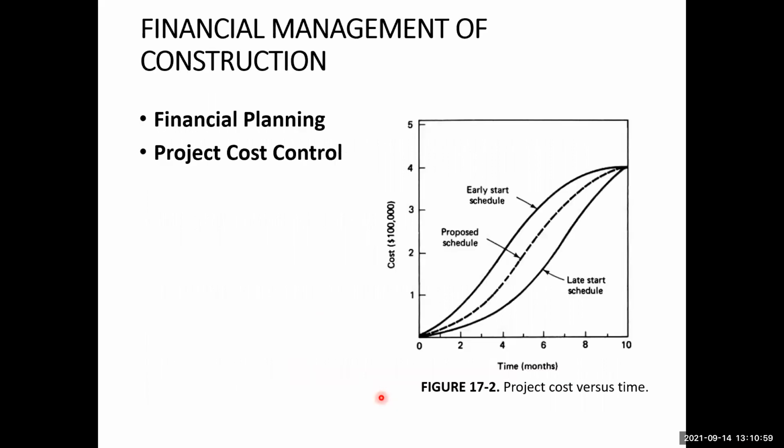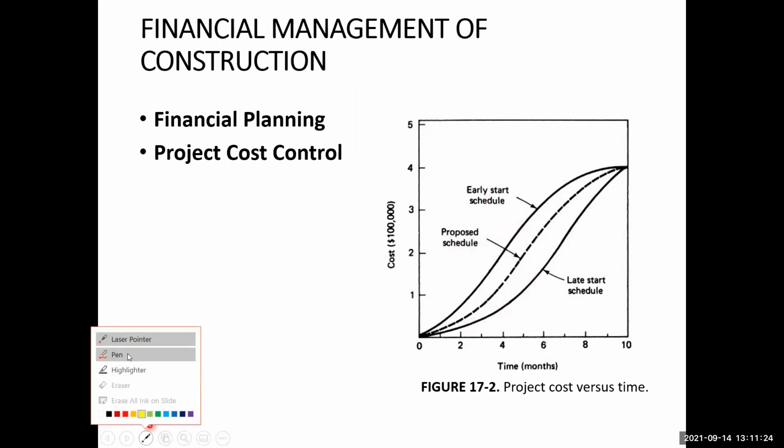As we can see from this chart, three kinds of schedules can be made. One can be the proposed schedule, the other may be the early start schedule, and another one may be the late start schedule. So for example, if we have a CPM schedule, let me draw it over here.